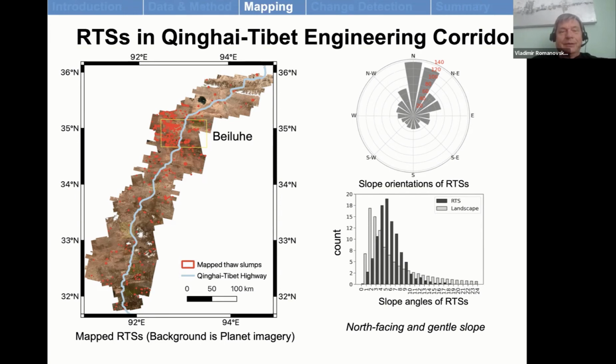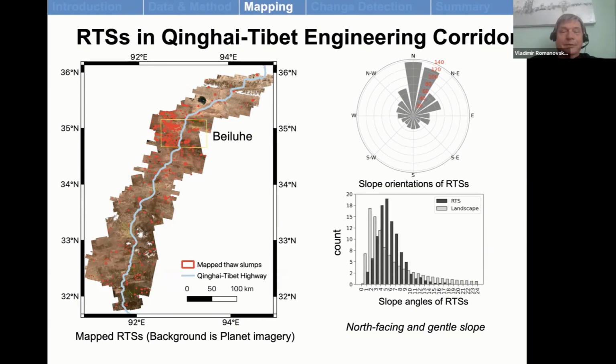I don't think we completely understand why, but I think we should also keep in mind history and previous warm periods, like for example the Holocene optimum, and it's possible that some of the ice was already melted during those previous warmer periods, but on the north-facing slopes it is still surviving.